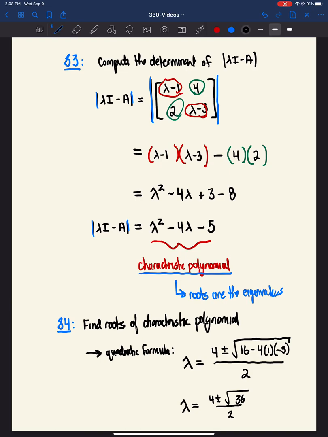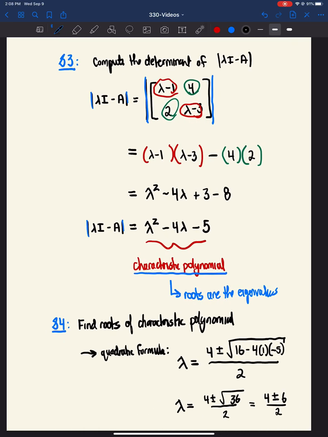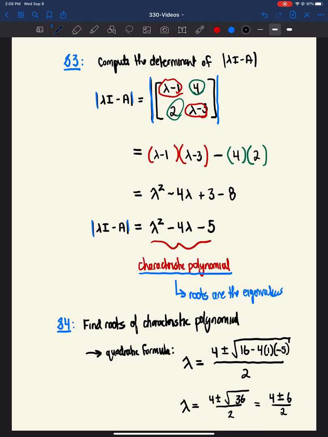So doing out the remaining little bit of arithmetic, the eigenvalues are 4 plus or minus 6 all over 2. In other words, lambda is equal to 4 plus 6 over 2 and 4 minus 6 over 2.